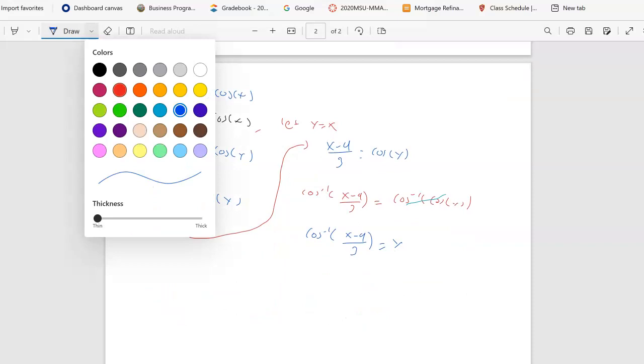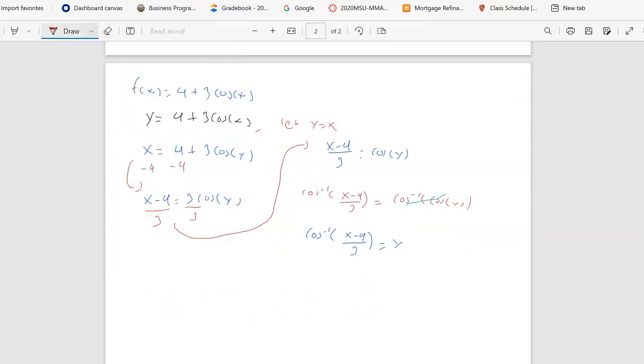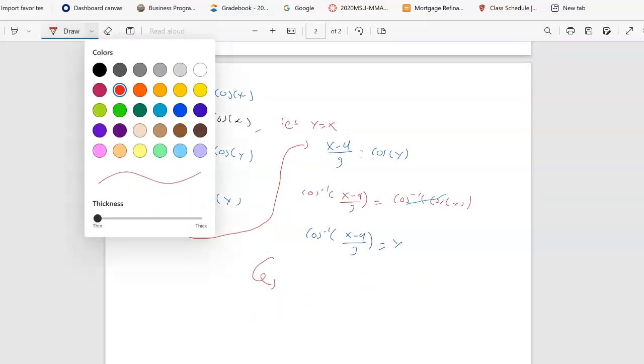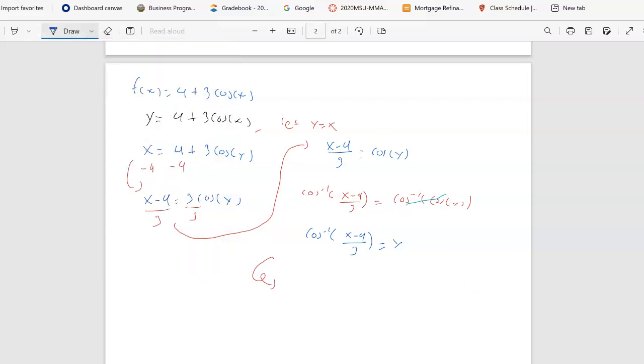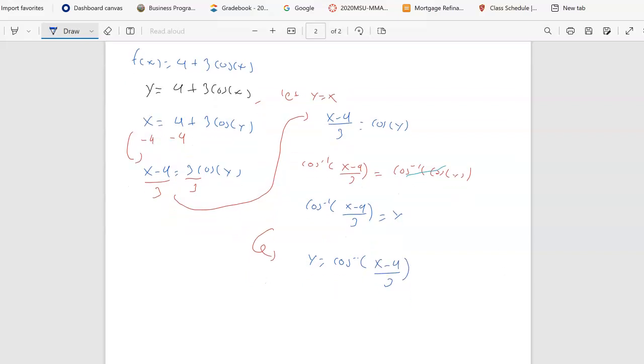So let me rewrite it as an inverse. In this case, your inverse, we're going to have that y is equal to the cosine inverse of x minus 4 divided by 3.